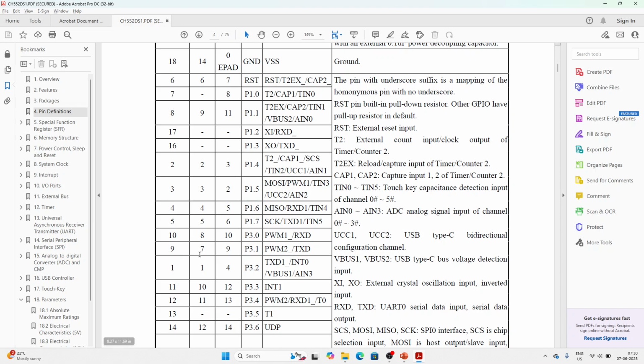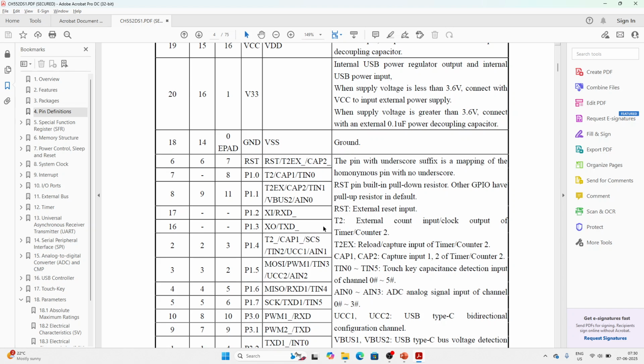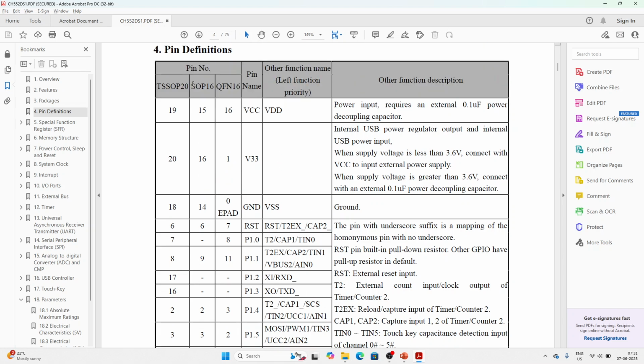So you need to understand there might be some pins which are not existing, and that might have its own values. For example, CH552G has the external clock input on no pins. If you select CH552T, then you could give an external clock input on the 17th and 16th pin.